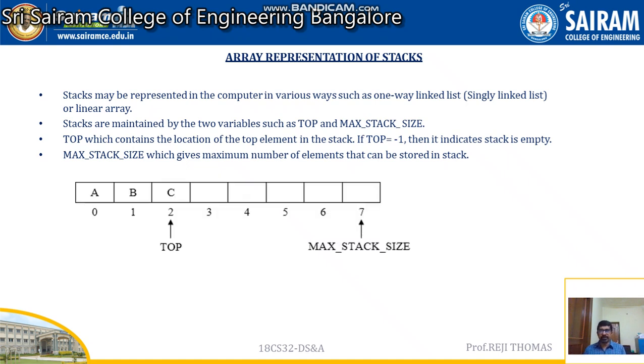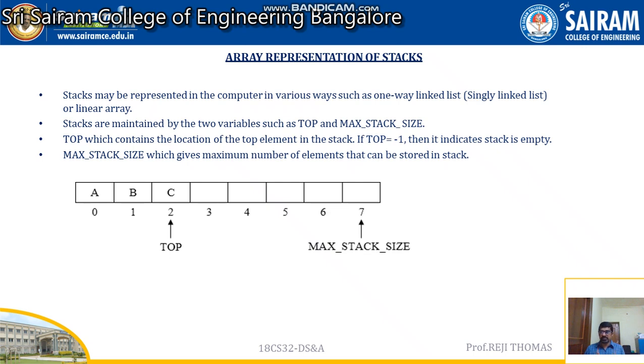Next, look at the diagram which you can see on the screen. What we saw in the previous slide was a stack represented in a horizontal way, and now this is a vertical one. Whichever way you want, you can represent this. But please look at the diagram where you can see a stack represented using an array, and we have taken an array with max size 8.